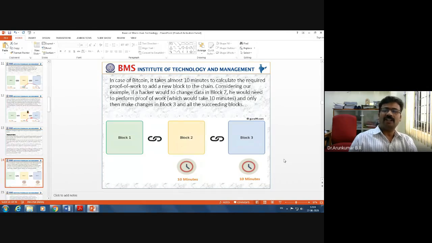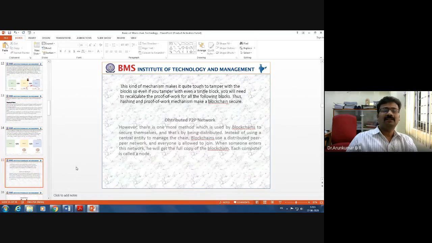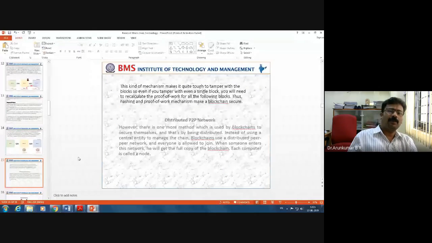So if he wants to change block 2, he has to perform proof of work, and only then can he make the change in block 3 and all the succeeding blocks. So it takes a lot of time. This kind of mechanism makes it quite tough to tamper with blocks. Even if you tamper with a single block, you need to recalculate proof of work for all the following blocks.